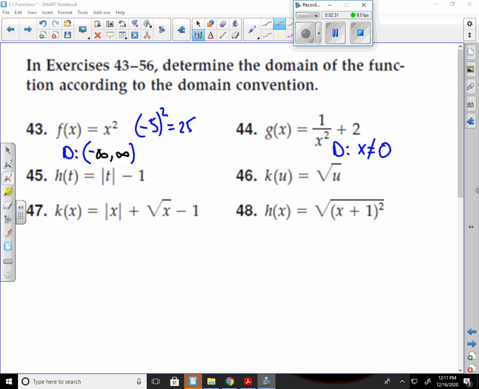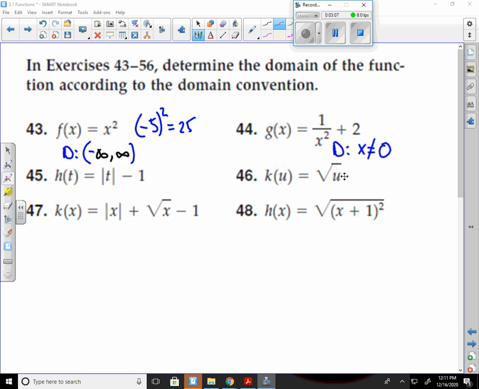All right. If we look at number 46, now we have a square root. What does the square root mean? What's going to restrict that one? Exactly. If we try to take the square root of a negative, that won't work. So for this one, my domain, if I put a negative 1 in, that's going to mess it up. If I put a negative 0.01 in, that's going to mess it up.